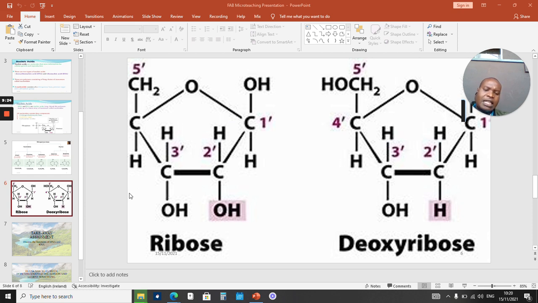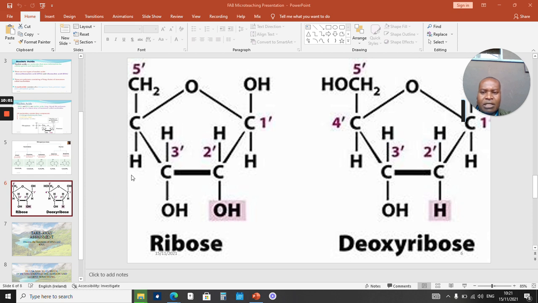Okay. So another difference, let me mention this one I have not indicated here, but it's good for you to note. Apart from having differences in the structures of their sugars, one being ribose and the other deoxyribose, the DNAs usually have a double helical structure, while the ribonucleic acid, which is the RNA, has a single strand of nucleic acid.